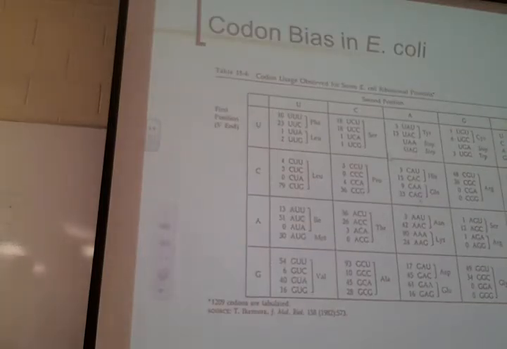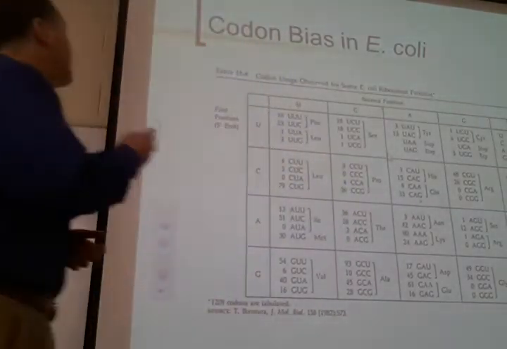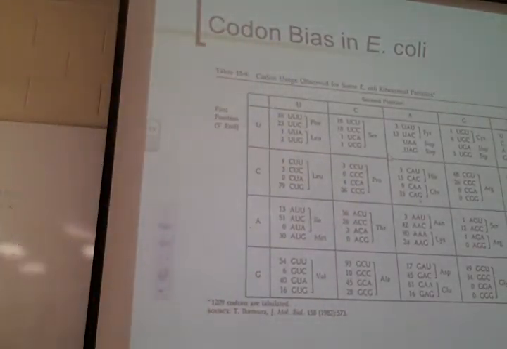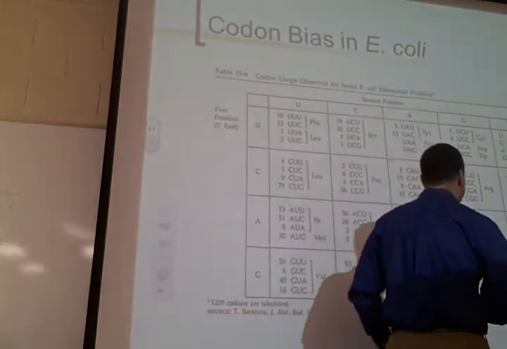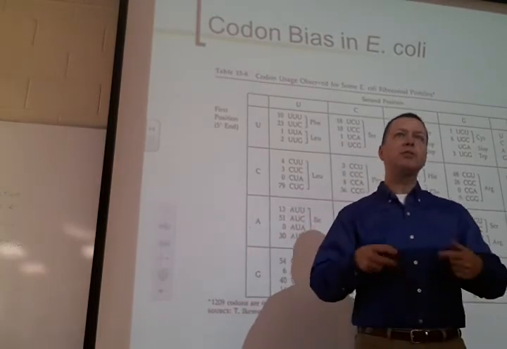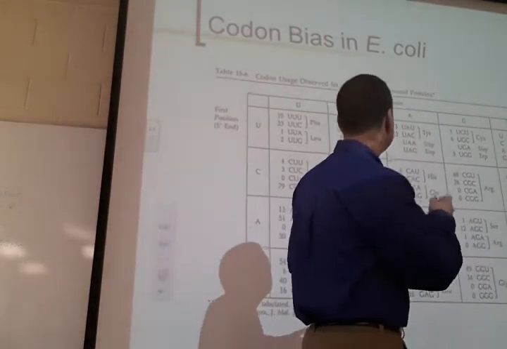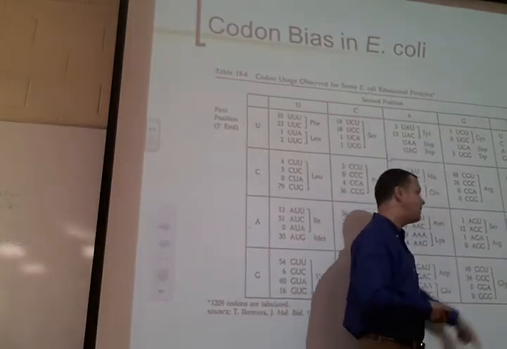But with this idea of redundancy also comes the idea of what most people refer to as codon bias. For the amino acids that are encoded by multiple codons, it's rare that all of the codons are used equally. This is looking at some examples from E. coli. Let's use glycine again down here.